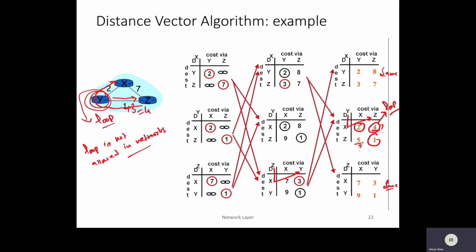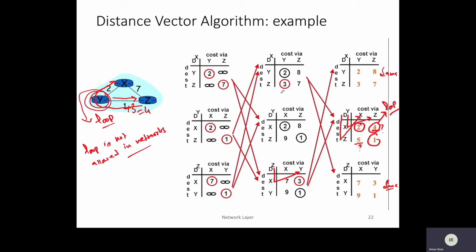Similarly, look at this other path. This is the path to reach from Y to Z via X. The change is because of the message from X. What does X have to tell Y?